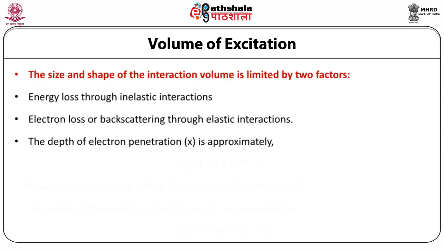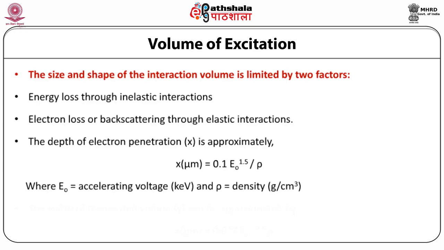The depth of the electron penetration x is approximately x equals 0.1 E0 to the power 1.5 divided by rho, where E0 is equal to the accelerating voltage in kiloelectron volts, and rho is the density, generally in grams per centimeter cubed.